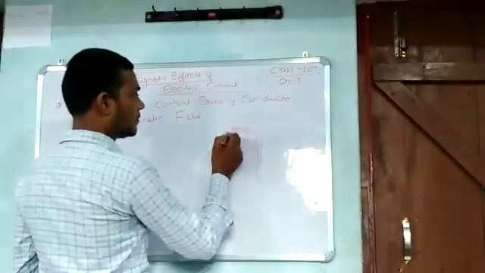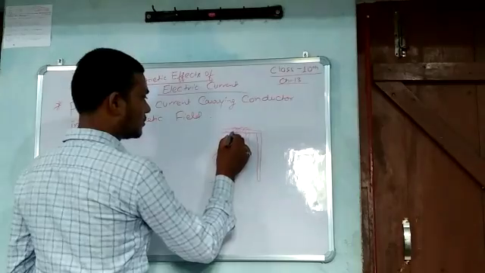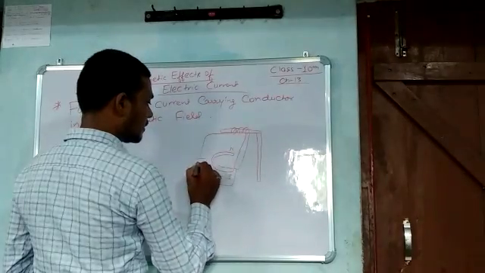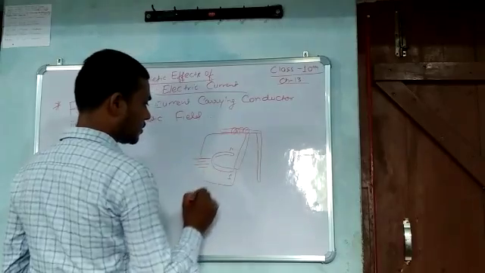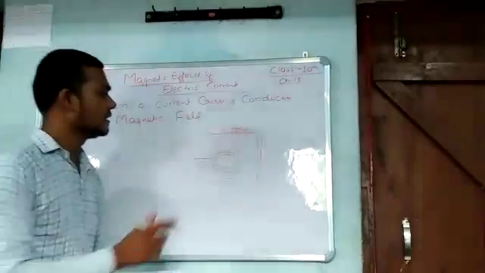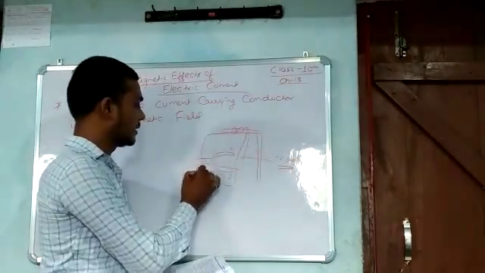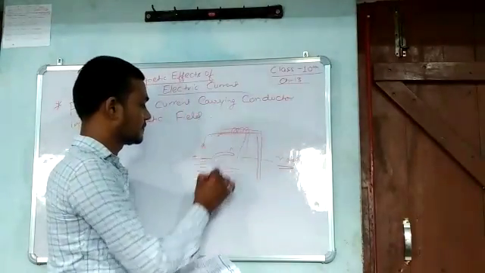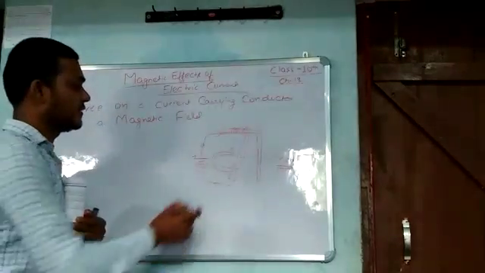Okay, this way it is connected through a battery. Okay, so here this is a rod having current flowing through it, minus plus. Okay, and this is the magnet.